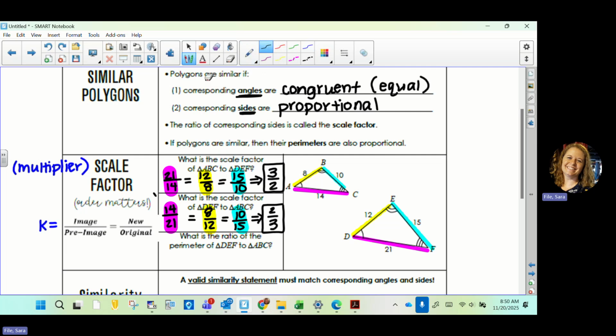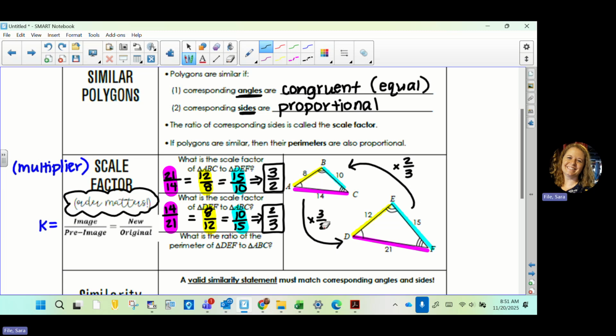That's really important. So going from the big one to the little one, I would be multiplying by 2/3. But going from the little to the big, I would be multiplying by 3/2. Do y'all understand the difference?